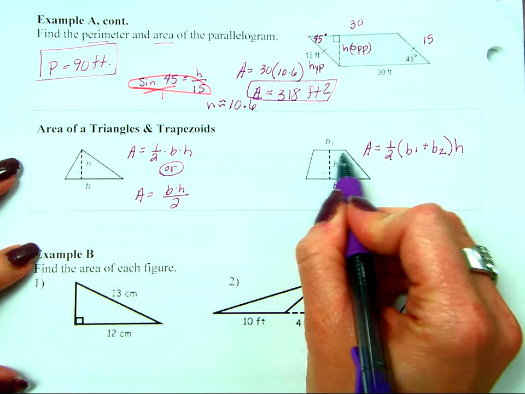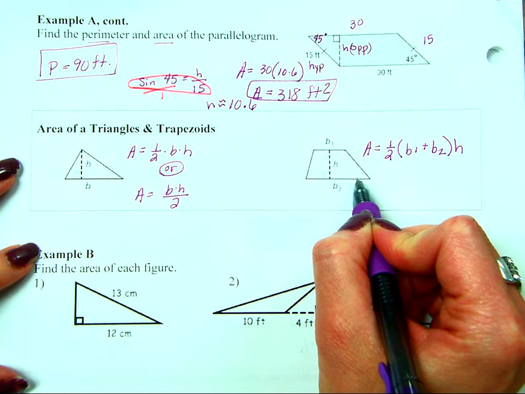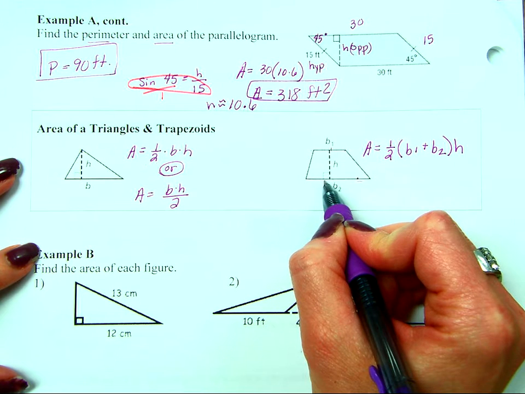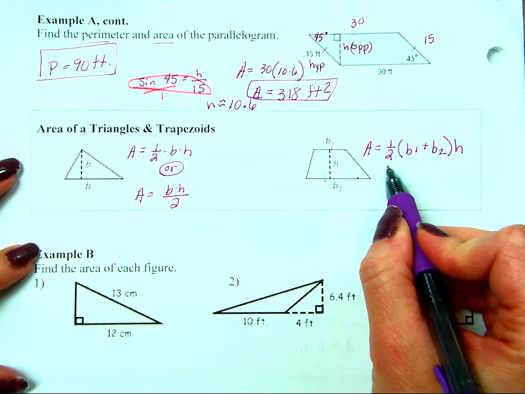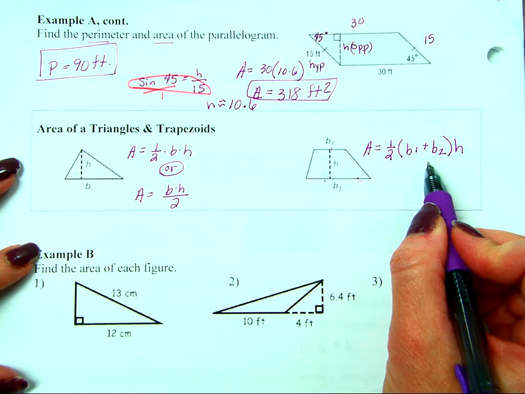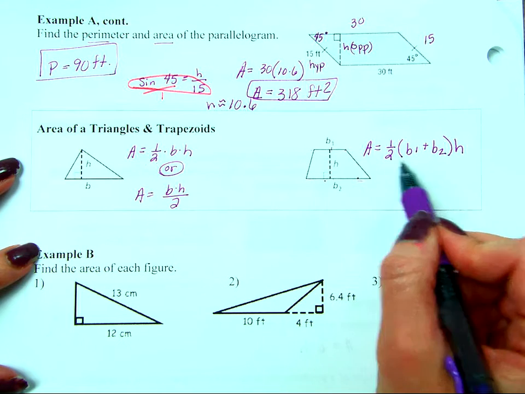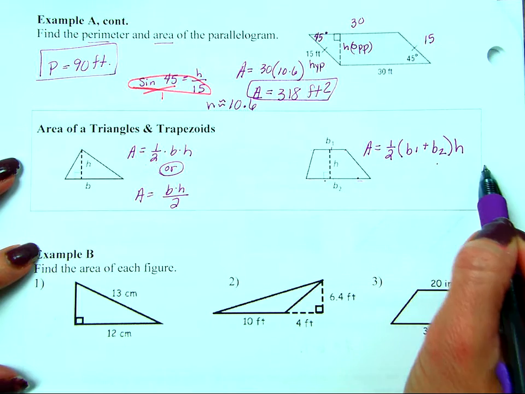The bases of my trapezoid have to be parallel. That's how you know which ones are the bases. And again, my height has to meet at 90 degrees. The reason it's 1/2 times the quantity base 1 plus base 2 is because we're actually taking those bases and averaging them out. If it were a rectangle, we'd do base times height, but since they have different lengths, we average them first, and then we multiply by the height.